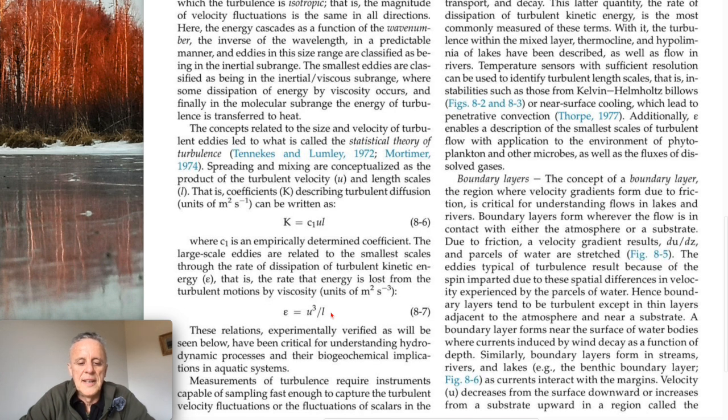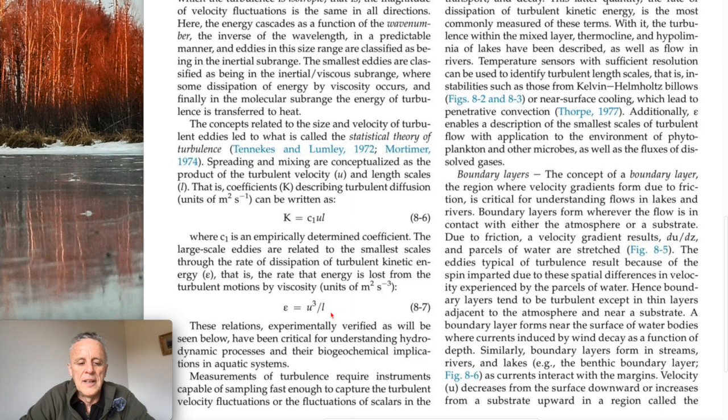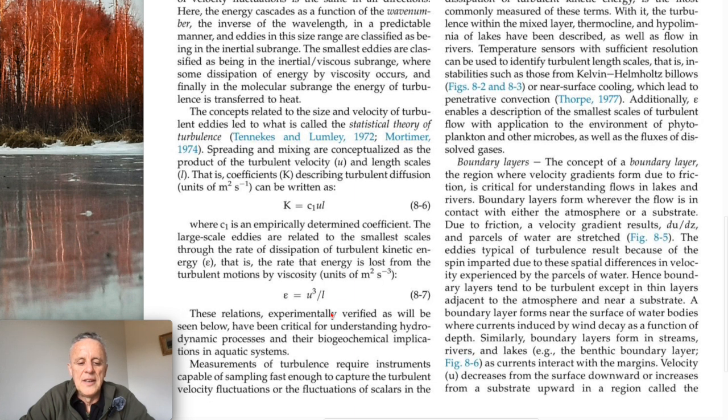The large scale eddies are related to the smaller scales through the rate of dissipation of turbulent kinetic energy, sigma, that is the rate that energy is lost from the turbulent motion by viscosity, units of meter squared per second cubed. So that indicates an acceleration.